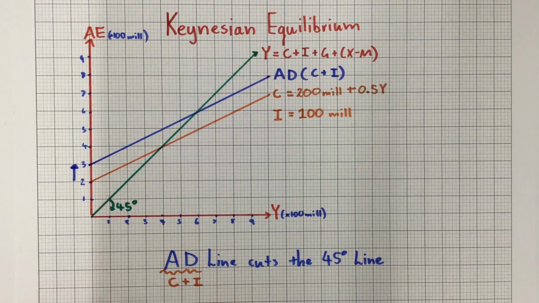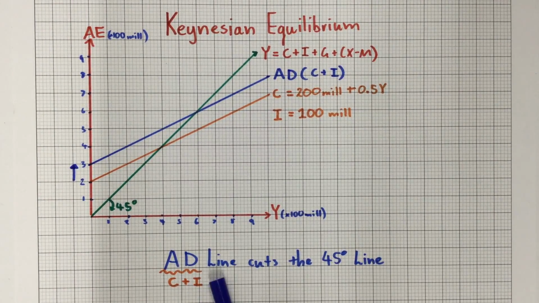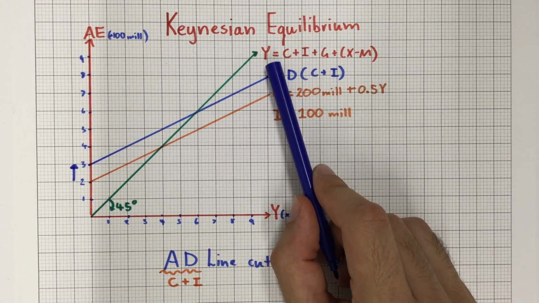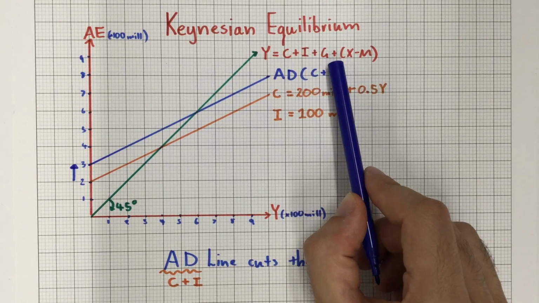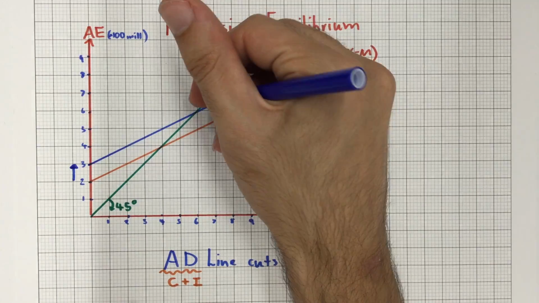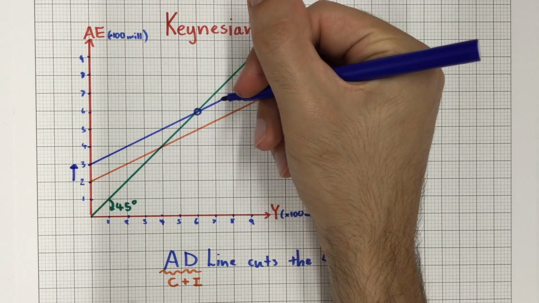There we go. So where the aggregate demand line cuts the 45-degree line, we'll see that our income is equal to our aggregate expenditure, our leakages are equal to our injections. So it looks like it occurs at this point here.